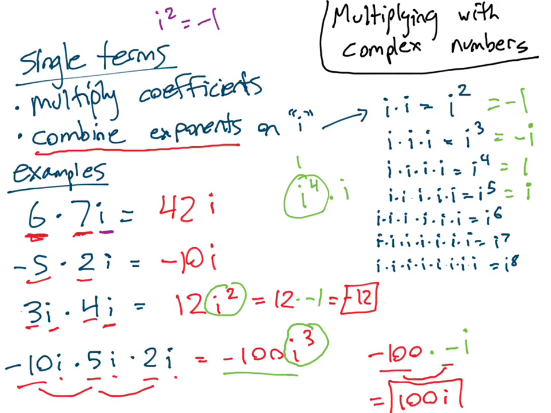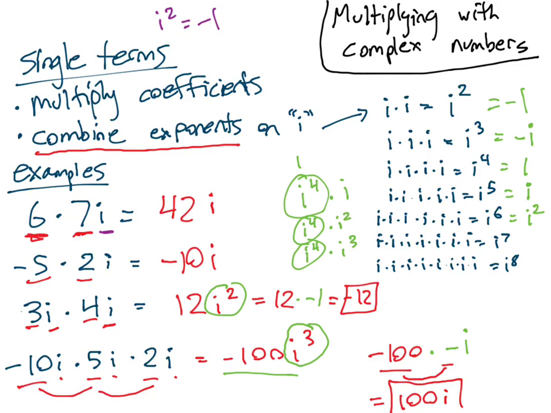i to the power of 6 can be broken into i to the power of 4 times i squared, and i to the power of 4 is equal to 1. So this is 1 times i squared, which is just i squared. And you're probably noticing the pattern here. We break down higher powers of i into i to the power of 4 times whatever power of i is left over.